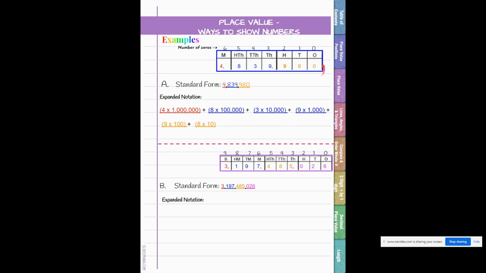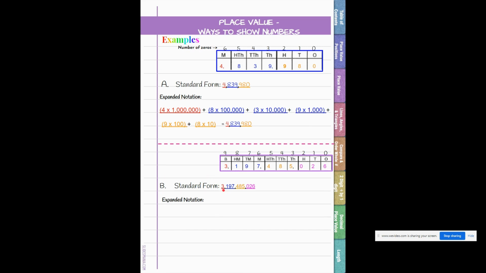If you notice, there's a 0 in the ones place. So we do not have to record that here. We can just leave it off. And when I add them up, it would give me the total sum of 4,839,980.